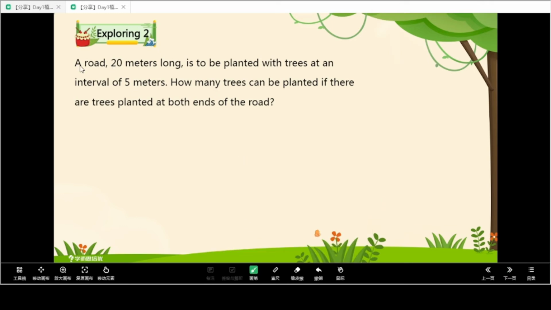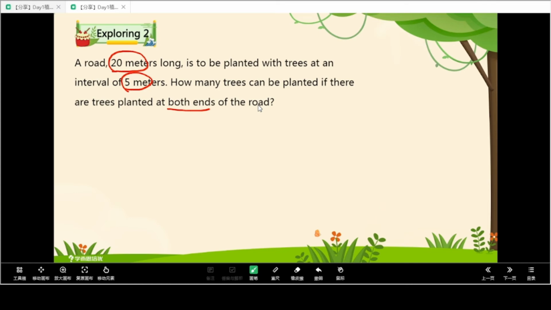Okay, in this question, let's read it. A road which is 20 meters long is to be planted with trees at an interval of 5 meters. So how many trees can be planted if there are trees planted at both ends of the road? First step, what do we need to do? Yes, we need to get the number of intervals.